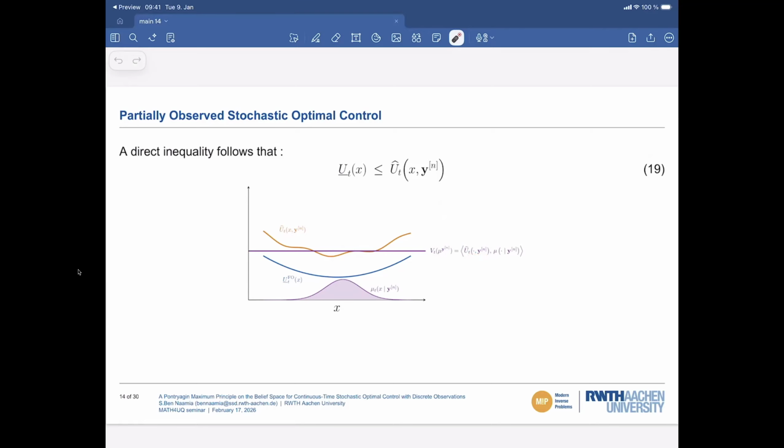So what you can notice here is that if you take the derivative of this value function with respect to mu, what you're left with is this u randomized, using the partially observed control, the optimal one actually, but this will be our new adjoint variable.